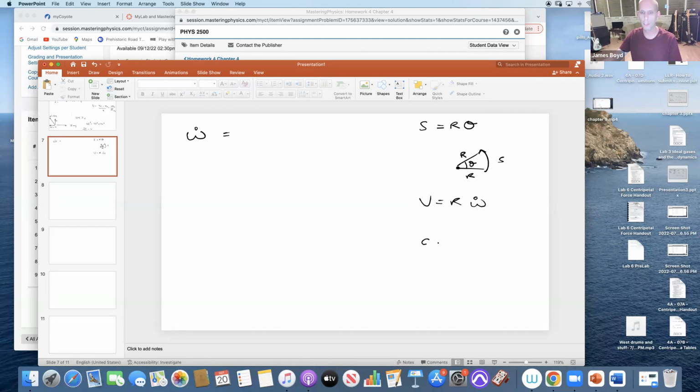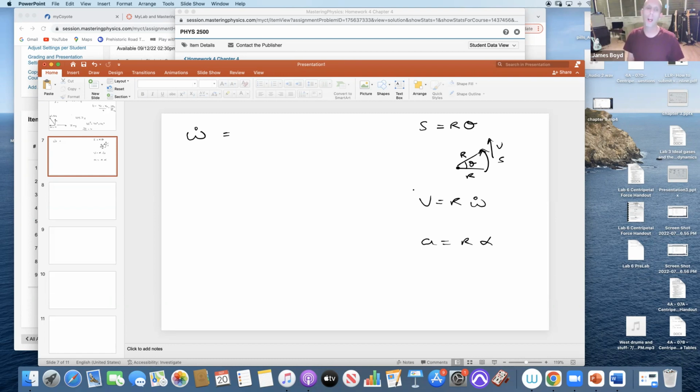And if we take the derivative of that again, we get a is our alpha. S is the distance you rotate through, like the distance around. If you went all the way around, S would be 2 pi r, which is the circumference. V is the velocity along that path. And then the acceleration is how V is changing.